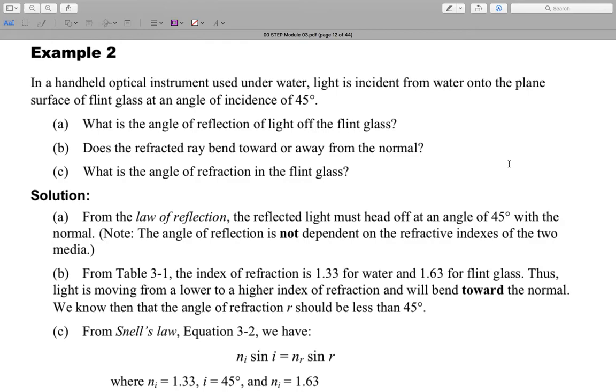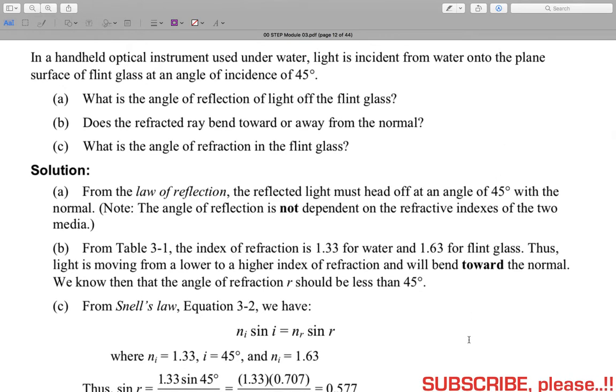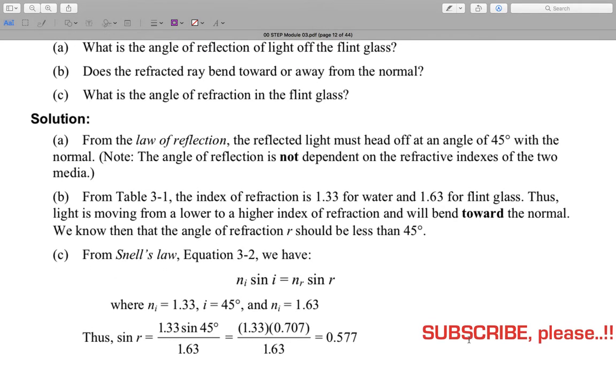Thus light is moving from a lower to a higher index of refraction, so it will bend toward the normal. We know then the angle of refraction r should be less than 45 degrees. Okay, now question C.